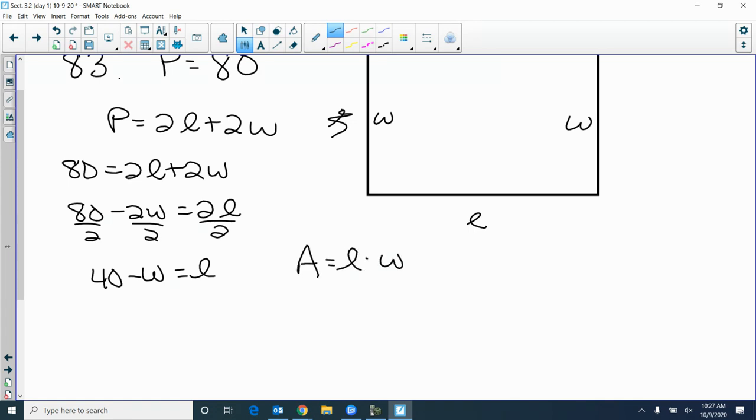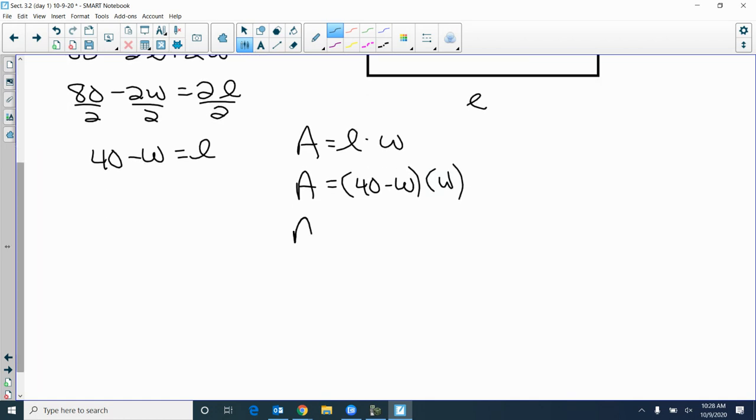I just know the perimeter, but I know that the length has to be 40 minus W. So I plug in 40 minus W for the length times W, and that gives me 40W minus W squared, which is negative W squared plus 40W. Now I just use H equals negative B over 2A, which is negative 40 over negative 2. That's where you get the 20. And you plug it in, you're going to get 20 times 20, which is 400.